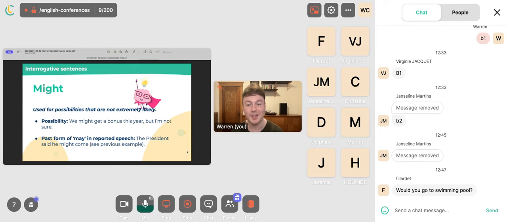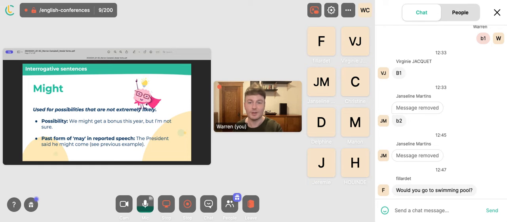Now, with this one here, the second point here, the past form of may in reported speech. Now, I have to be clear on this. This is not a strict rule. We can also use may in reported speech when we're talking about the past as well. It's more common for us to use might.